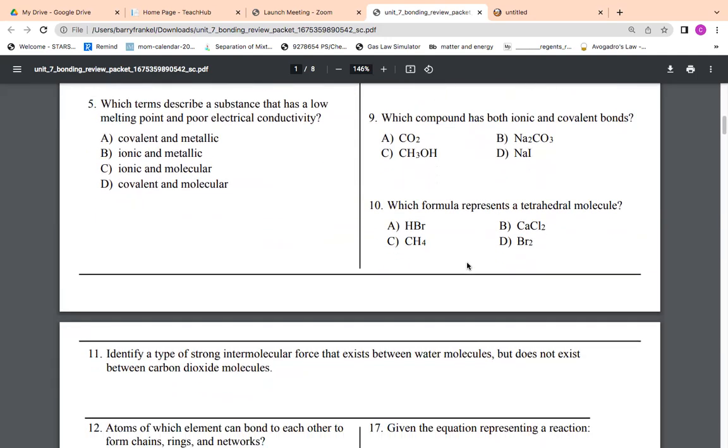Number 10, which formula represents a tetrahedral molecule? So tetrahedral, I could draw it, not very good at this. This is one of the examples that I want you guys to just memorize, okay? So this one is going to be CH4. This is methane.